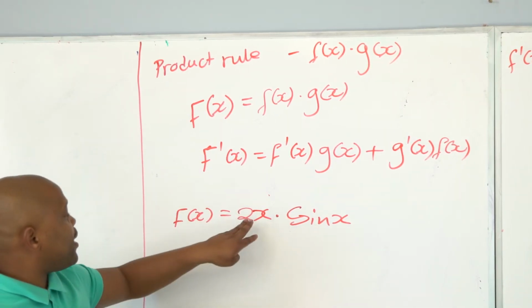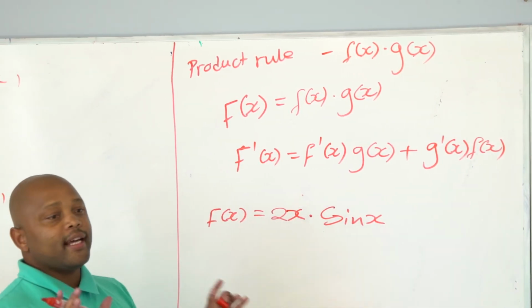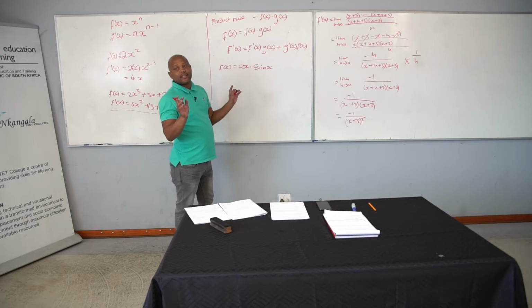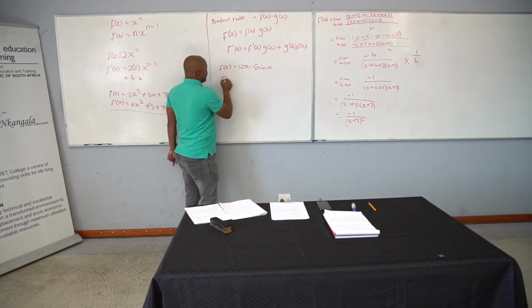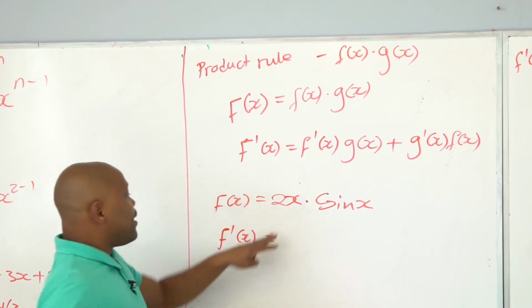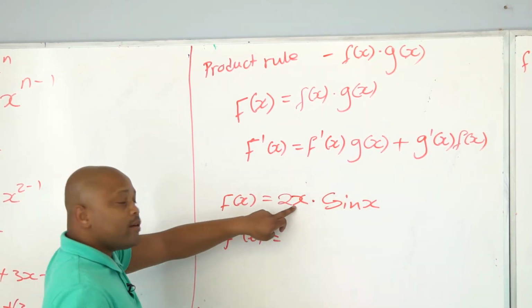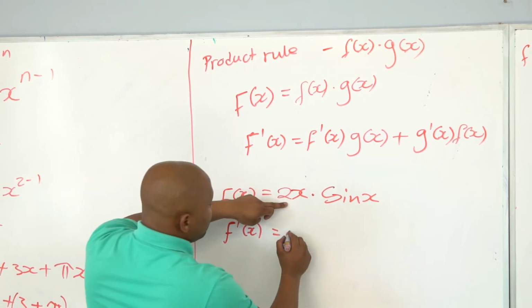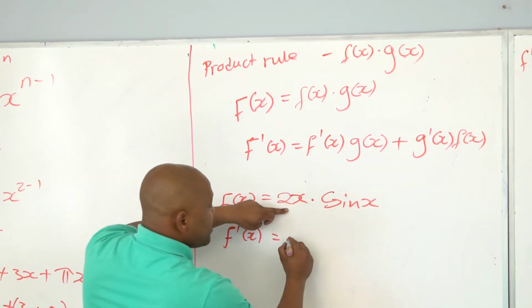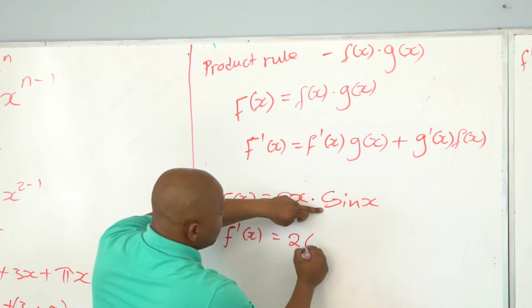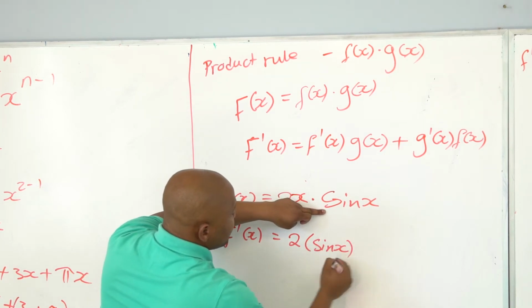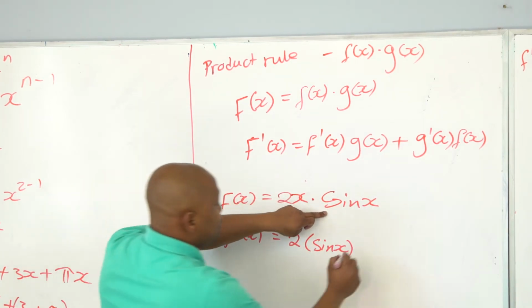I'm multiplying 2x and sine x. Both of them are functions of x. So if I were to find the f'(x) of this, according to the product rule, I have to differentiate this one first. The derivative of 2x is 2. Then I keep this one, sine x, as it is. And then I say plus.